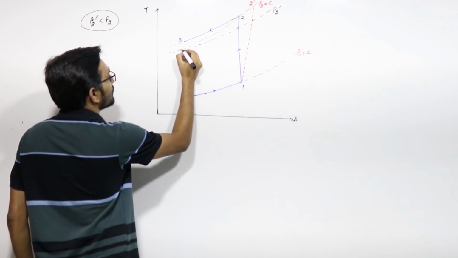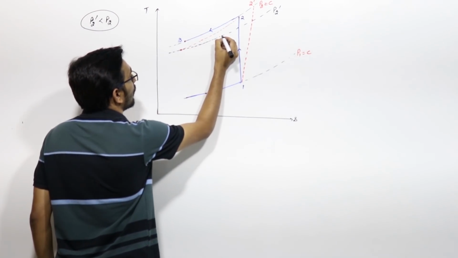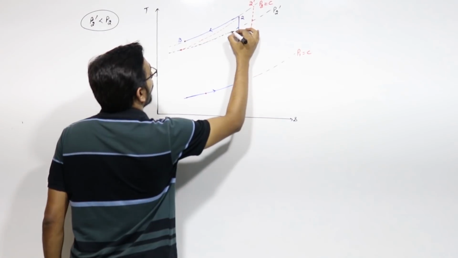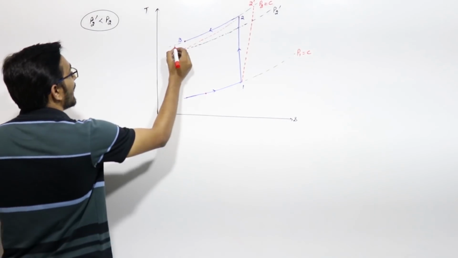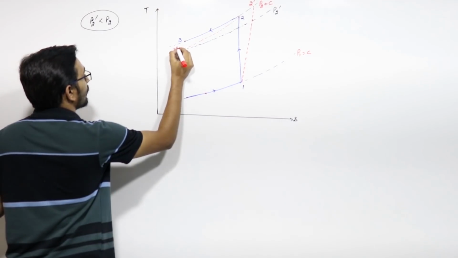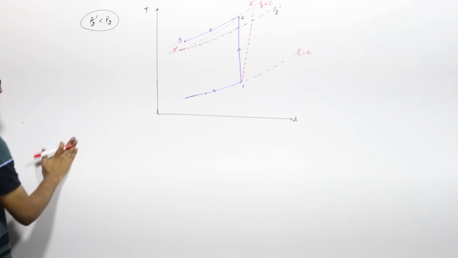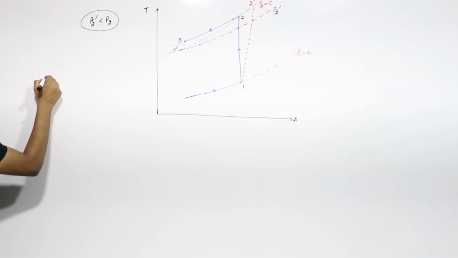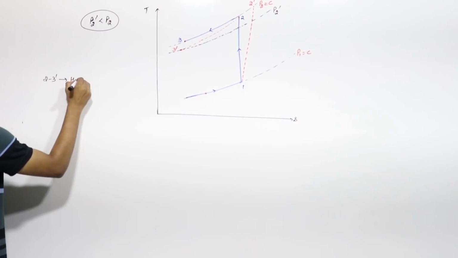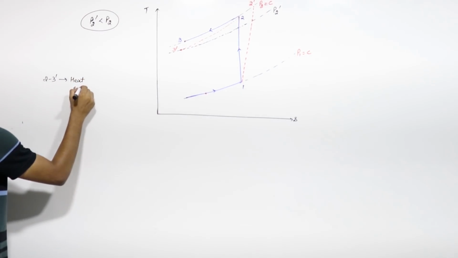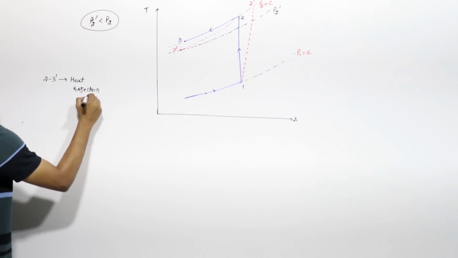This line is P2 dash. Now this point is 3 dash, and I am writing that process 2 to 3 dash is only the heat rejection process.